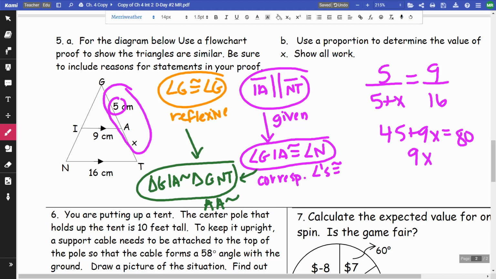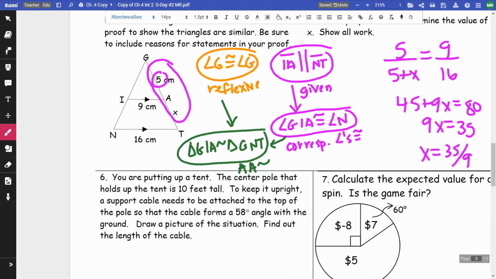So I'm going to do 80 minus 45, and I get 9x is equal to 35. So x is equal to 35 over 9. And I can leave it like that or give it as a 3.8 repeating.